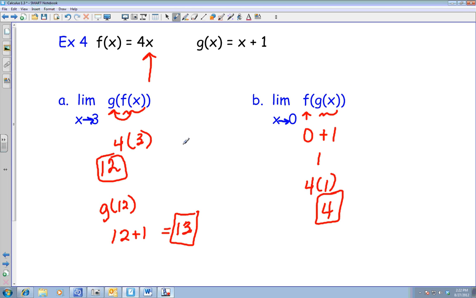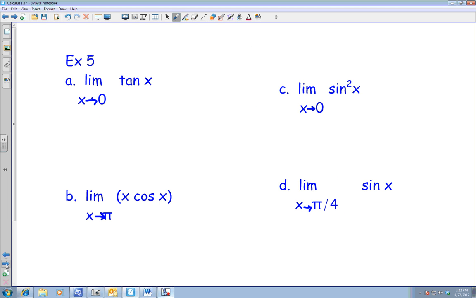Okay, example 5. Now they're going to throw in some trig functions. Right now, I'll let you use your trig chart. Before we take the test, we're going to review trig functions and how to find those without using your chart. Just because they're trig functions, I can still use direct substitution.